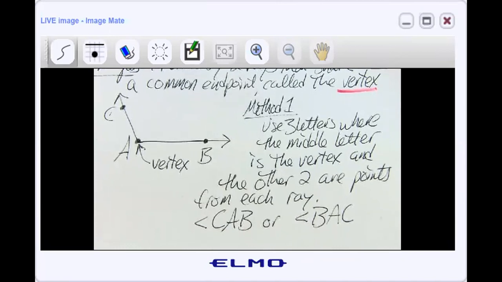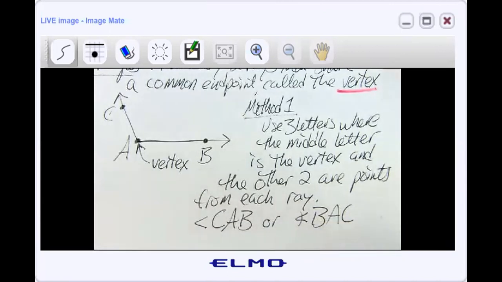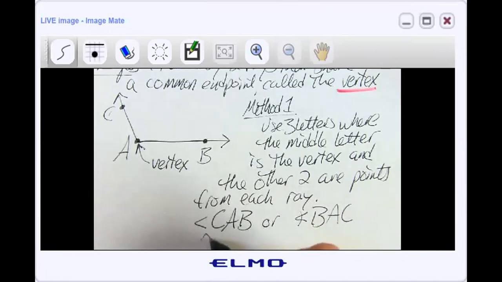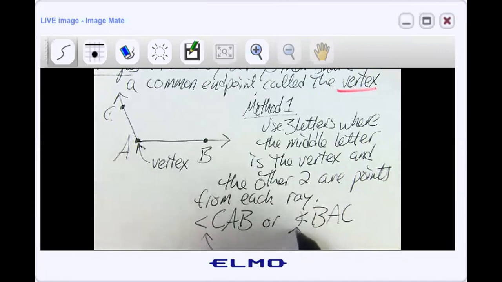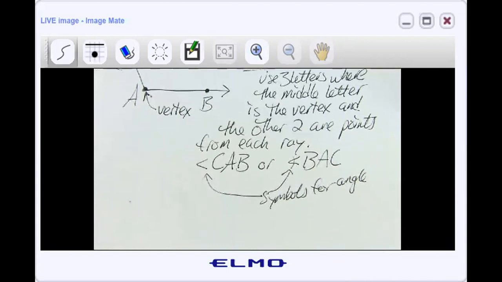Sometimes you'll even see, especially in books, sometimes they actually put an arc here. You might see some people put an arc like that. Either way, these symbols here are just our symbols for angle. Because nobody wants to write out the word if you don't have to. So you can just use one of those symbols if you prefer.